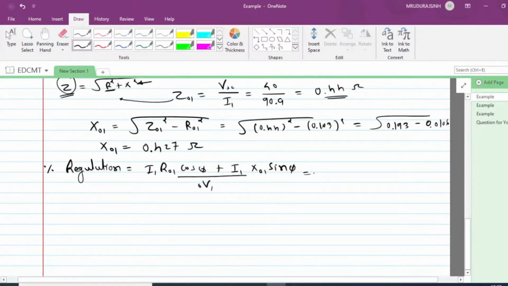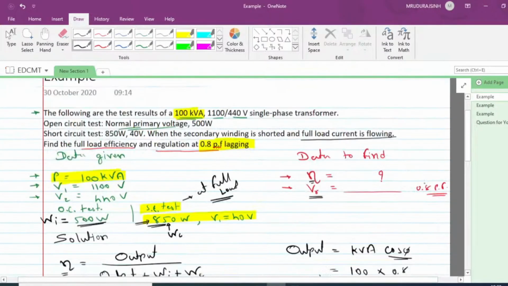I1 is 90.9 multiplied by R01 is 0.103 multiplied by cos phi is 0.8, plus I1 is 90.9 multiplied by X01 is 0.427 multiplied by 0.6, divided by 1100. This 1100 is the primary voltage.